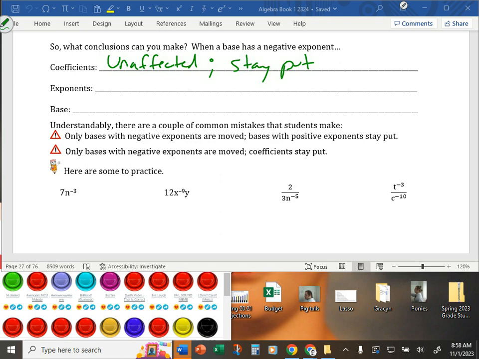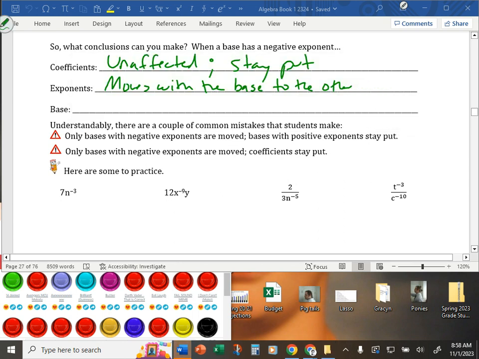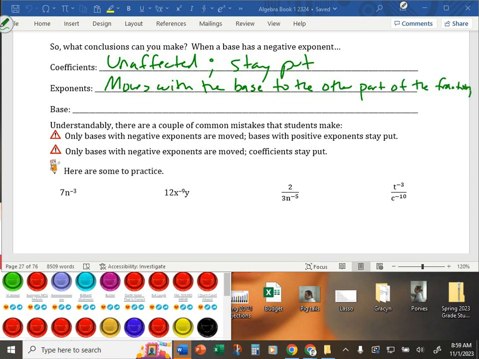The exponent, okay, I should say, the exponent moves with the base to the other part of the fraction. What? Moves with the base to the other part of the fraction. And now that you've moved it, you've put it in the correct spot, that exponent becomes positive.